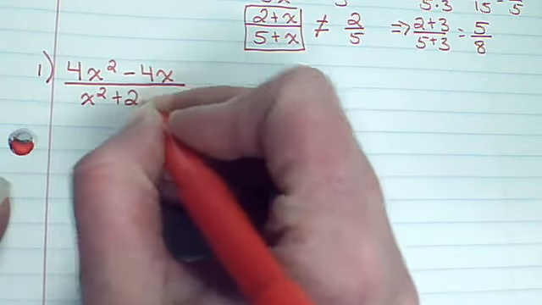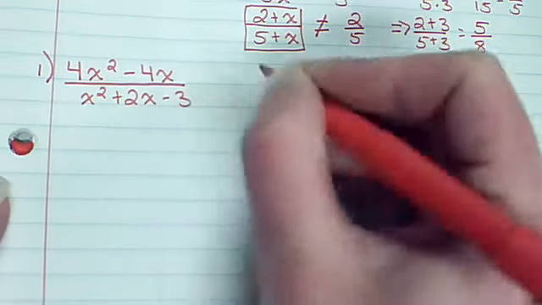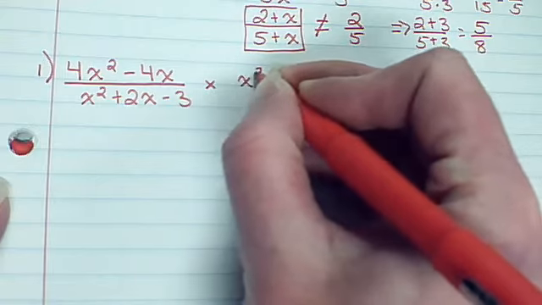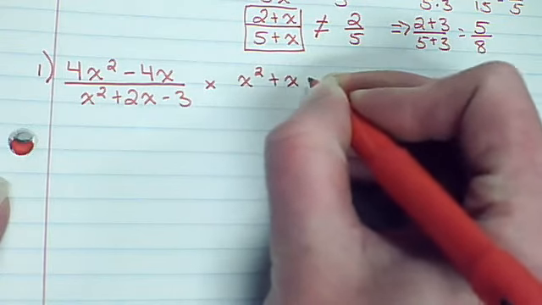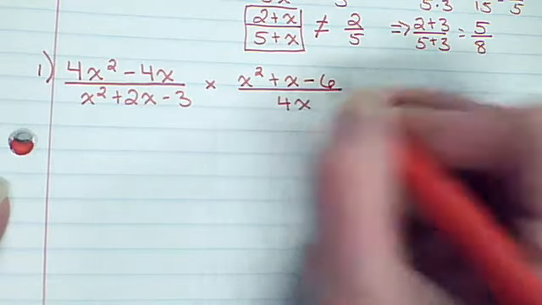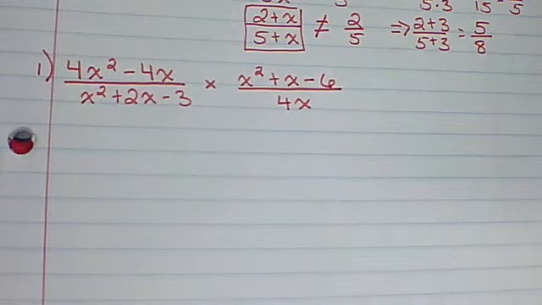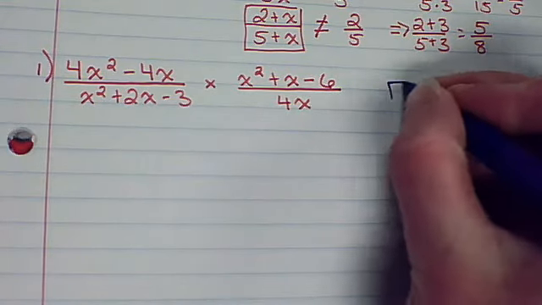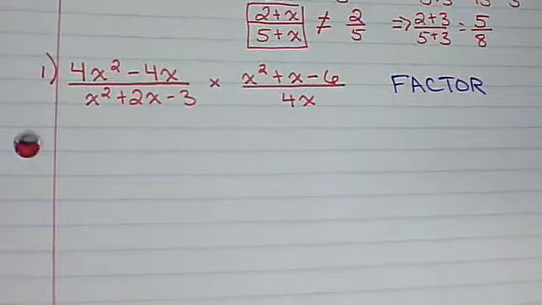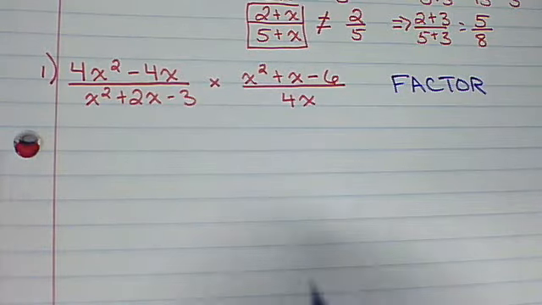Now, just like when we were simplifying rational functions, our first step is always going to be to factor anything and everything we can. So let's make a little note here. We're going to factor all that we can. So in capital letters, factor. Factor everything.